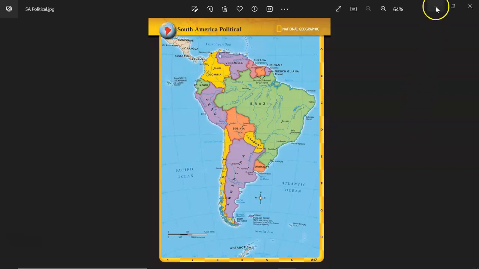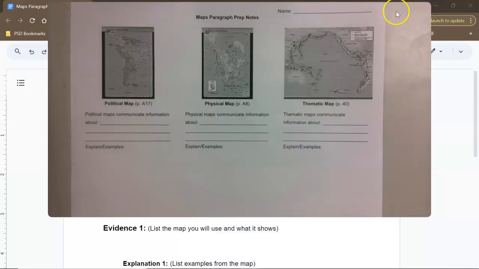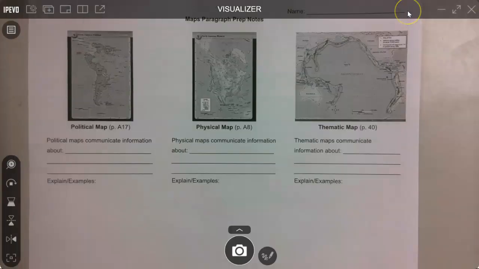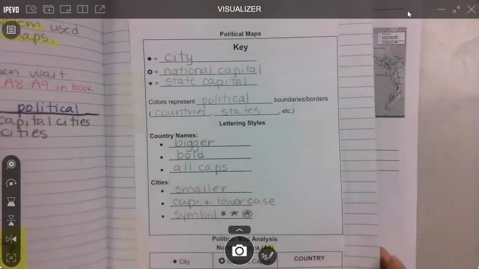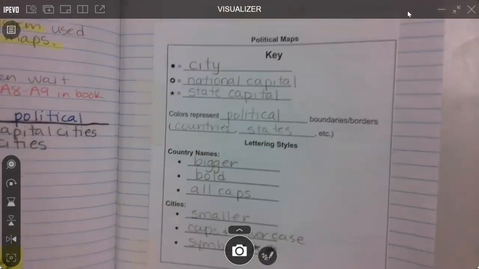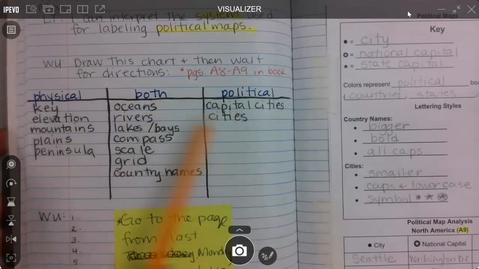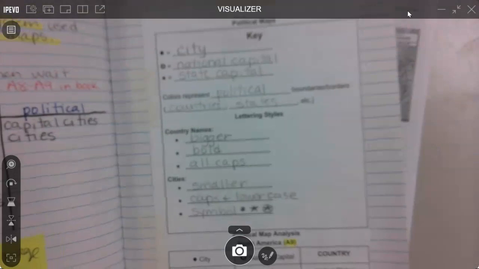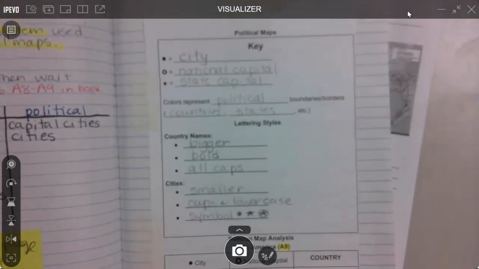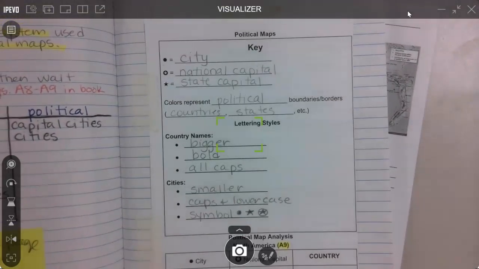Okay. So now let's also go to our INB and let's look at some of the notes that we have about political maps here. Okay, so we have this H chart where we did a warm-up about physical, political, and both. And we also have these notes here where we made a key for all the different kinds of things that can be found on a political map.